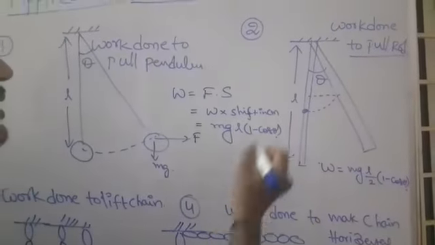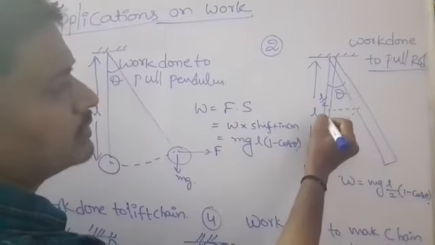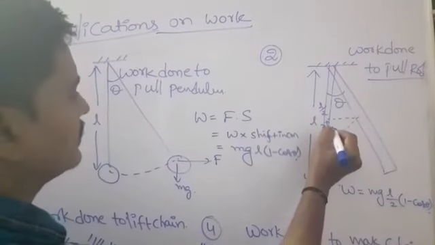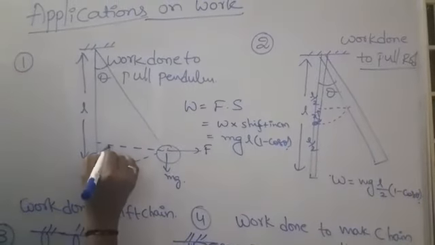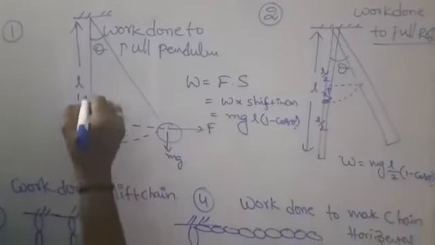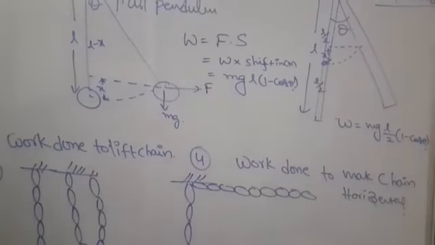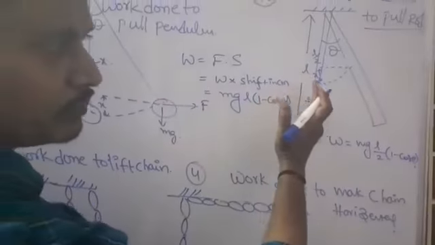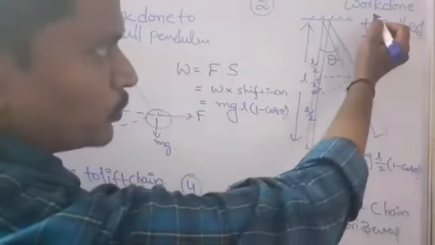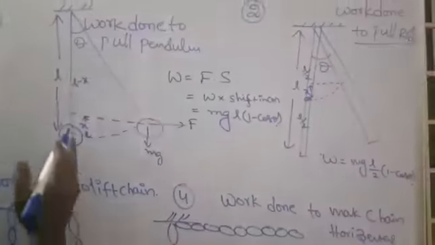So this is L by 2, and the shift in center of mass is x. So this is the formula to calculate the work to pull this metal rod through a small angular displacement theta.